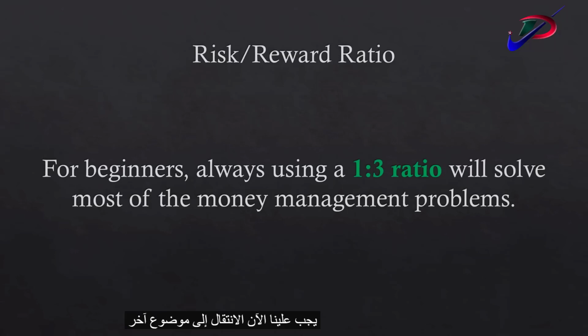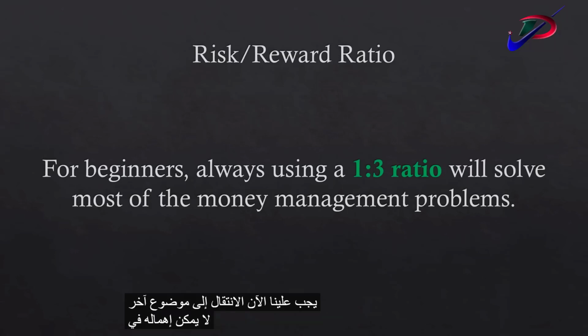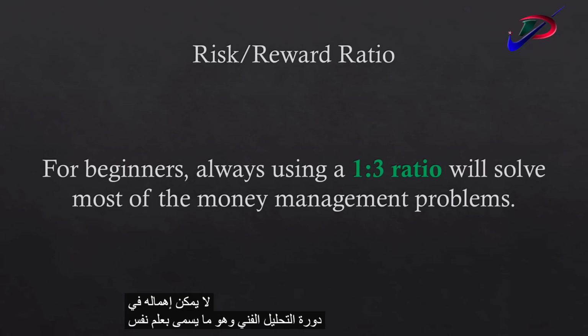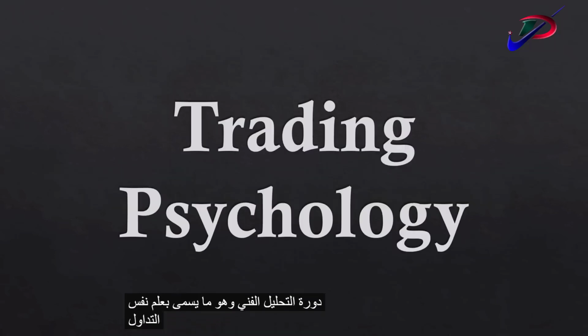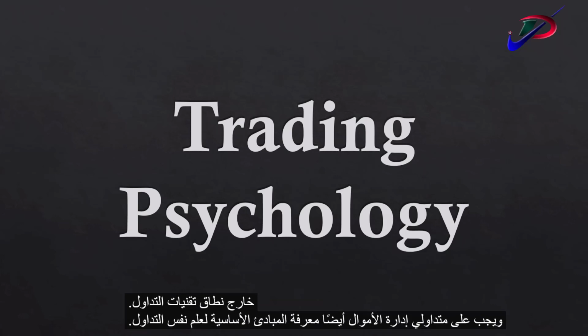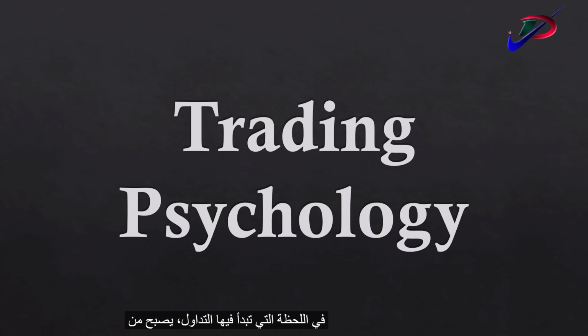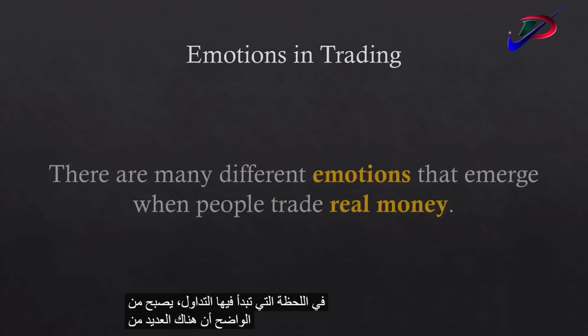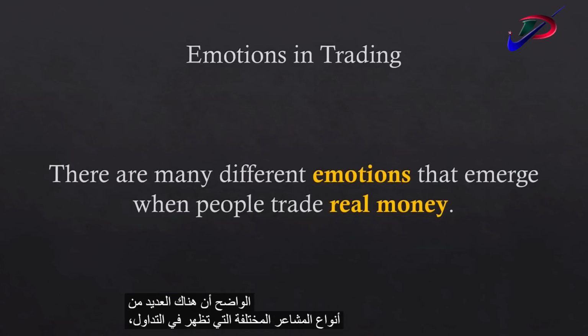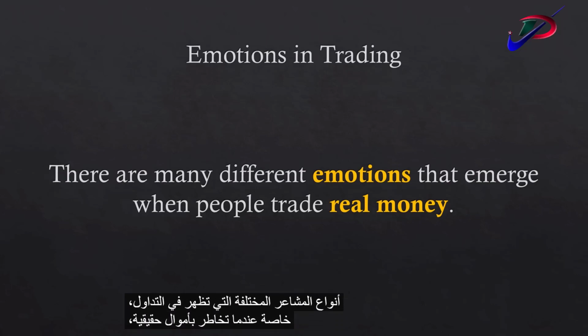We must now move on to another topic that cannot be neglected in a technical analysis course, which is the so-called trading psychology. Beyond trading techniques and money management, traders must also know basic trading psychology principles. The moment you start trading, it becomes obvious that there are many different types of emotions that emerge in trading, especially when you risk real money.